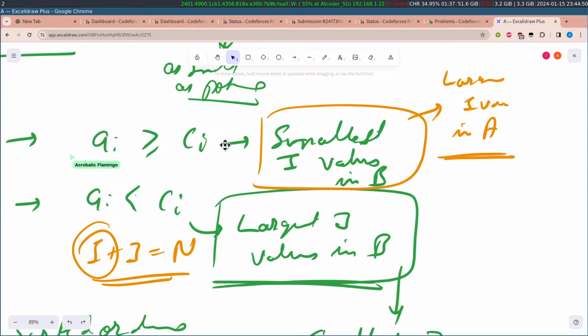The main idea was if this doesn't hold, then whatever value we get would be less than the value we had at the time. For example, if we have sorted A1, A2, AN in increasing order, we have decided that we want to take the BI smallest values and the rest of the values are large.